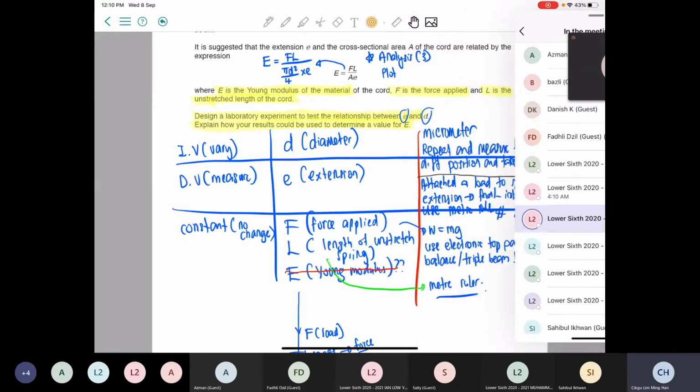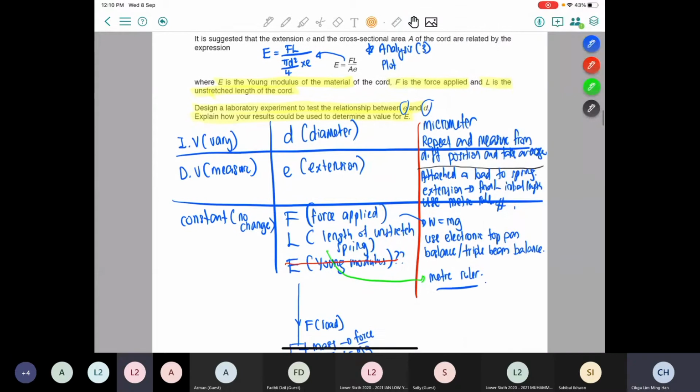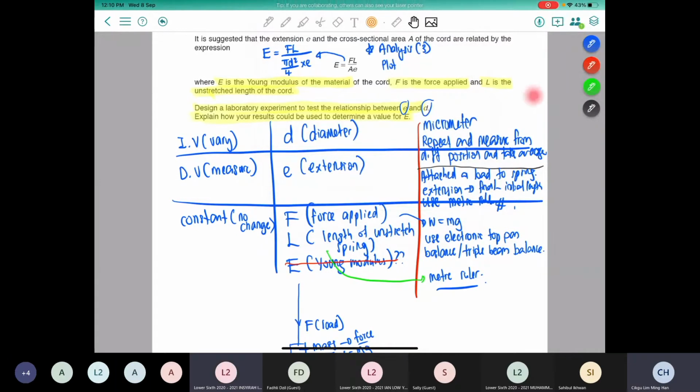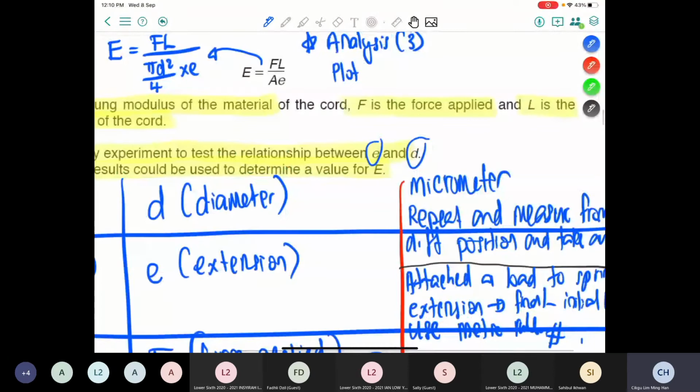Sir, how do I know which one to plot against which one? Alright, so Inshira has a question. This one determines the subject.